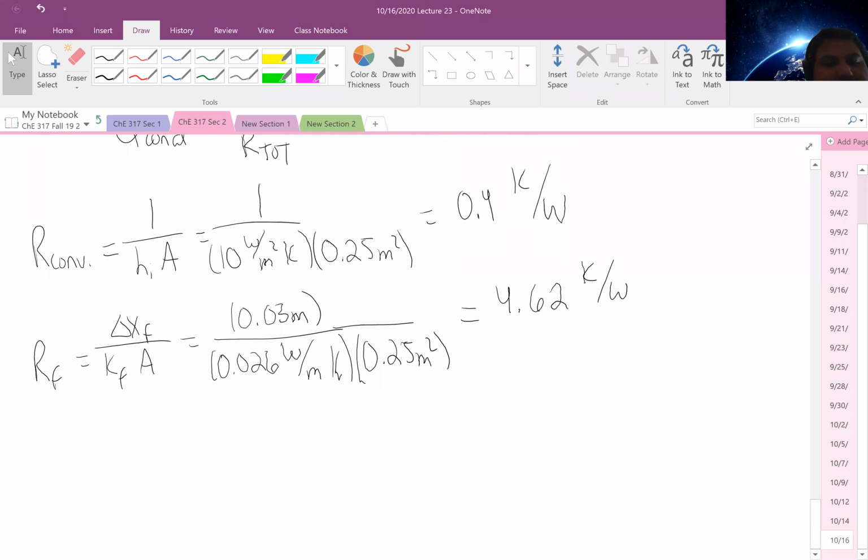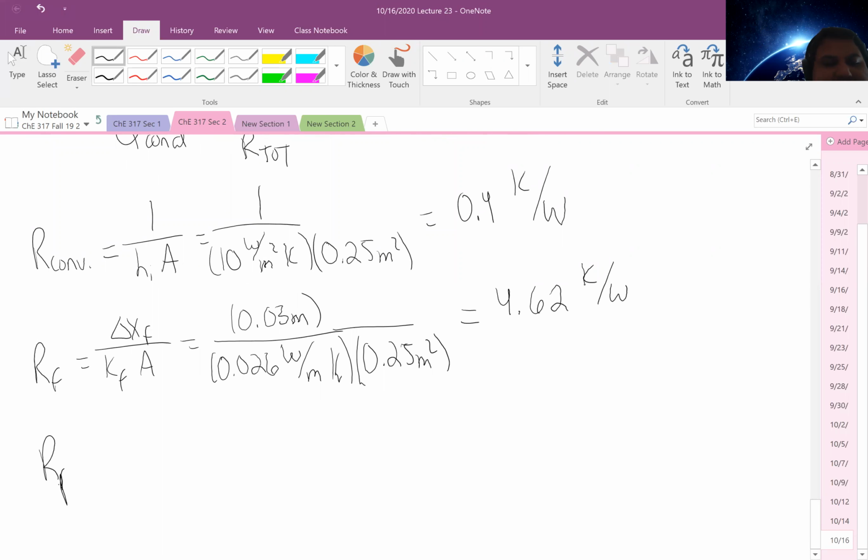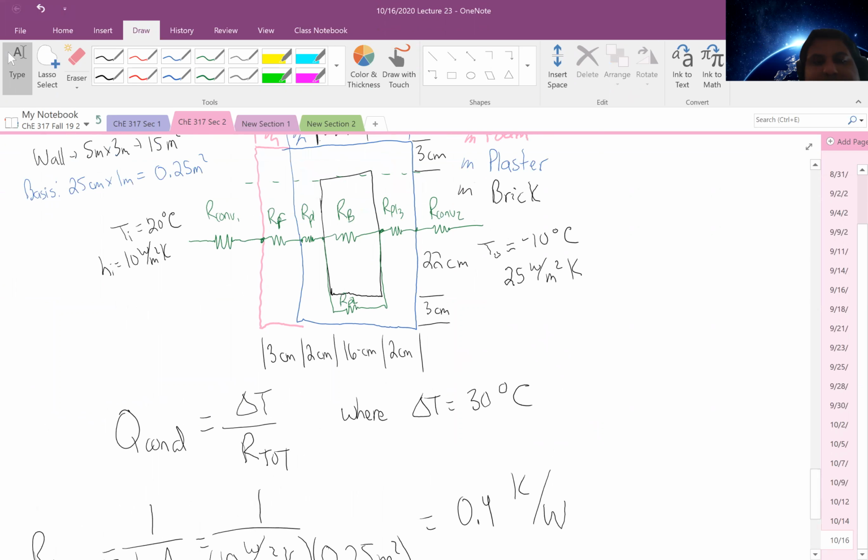Next, I need the thermal resistance in my plaster layer, this initial plaster layer 1, and it's going to be the same resistance in the third, RP3, because of symmetry.